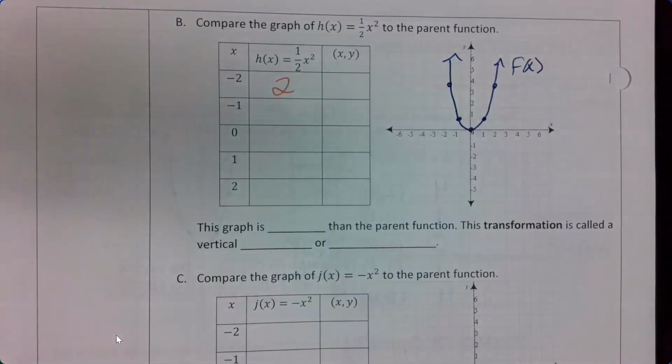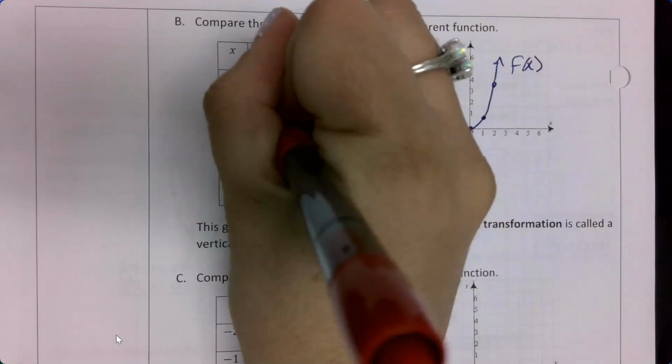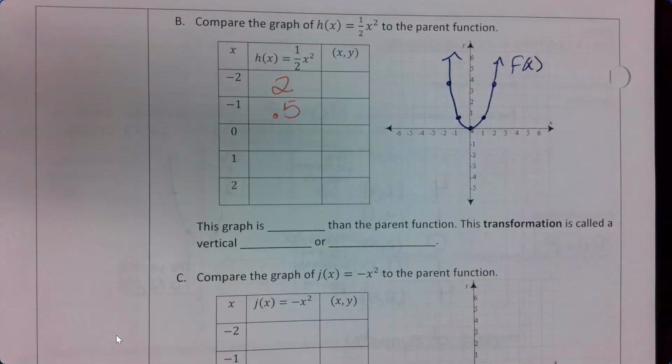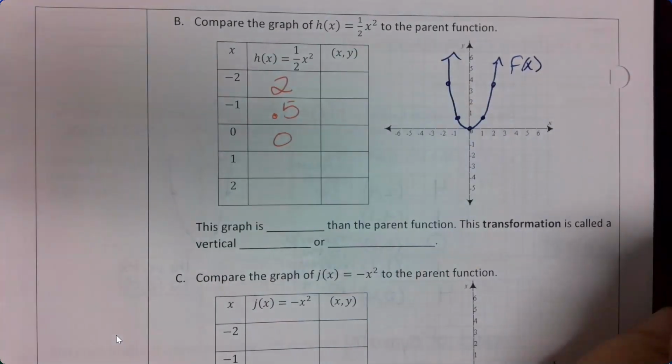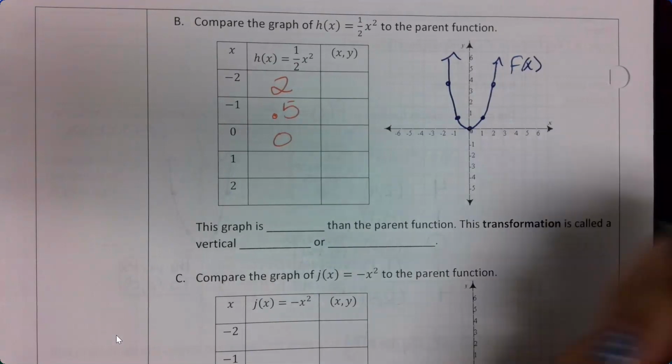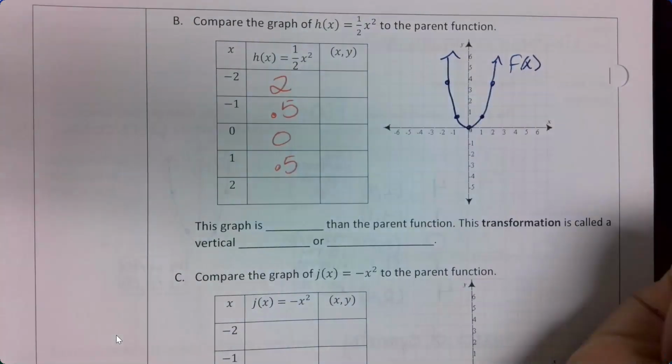What do I get when I plug in negative 1? 0.5. And 0? 0. 1. And 2.